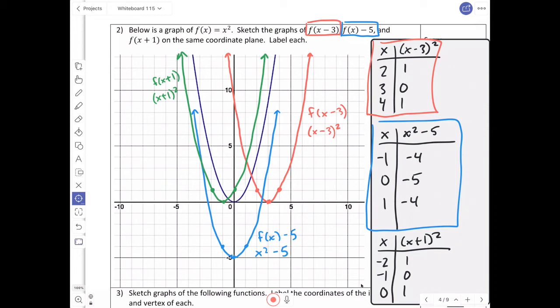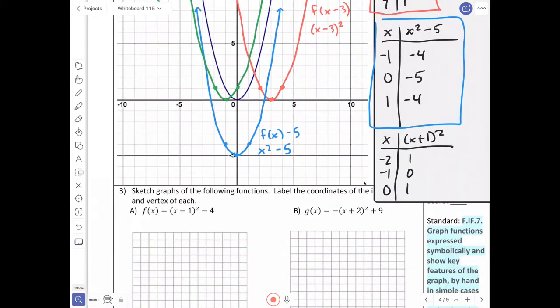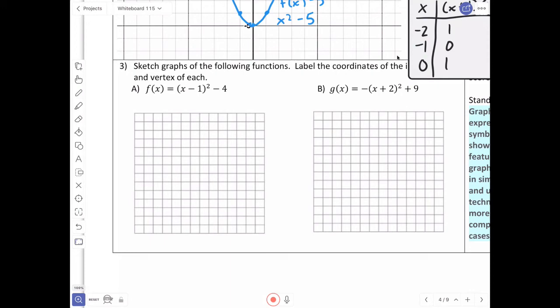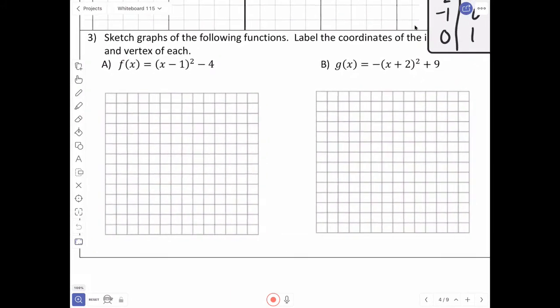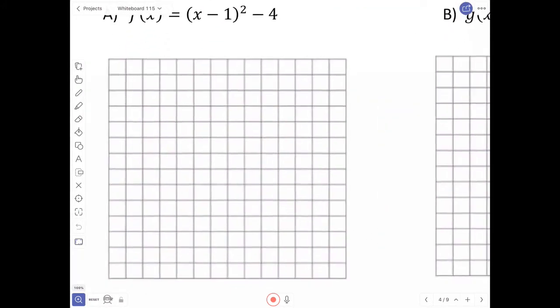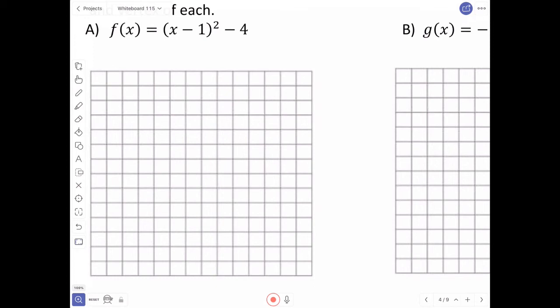Any questions on number 2? Hopefully no. So I've got number 3 with some more graphing. Again, I'm going to make a table and say x.